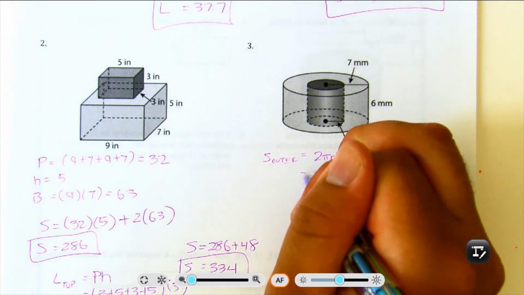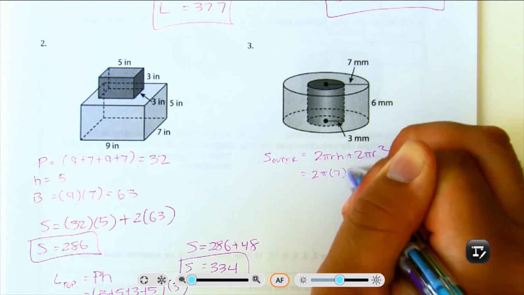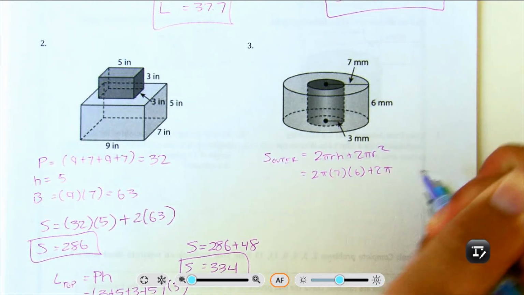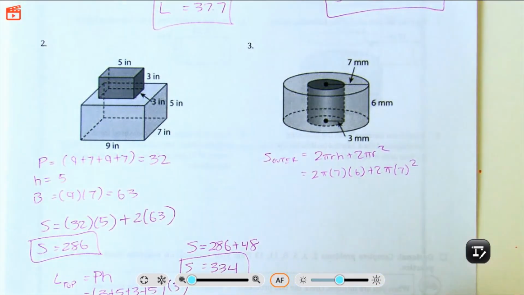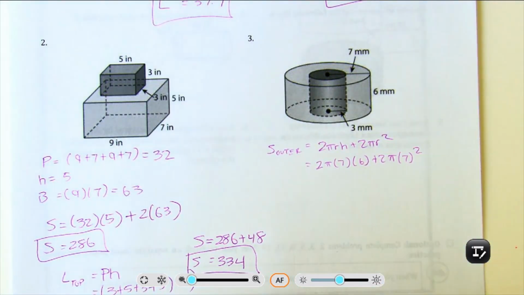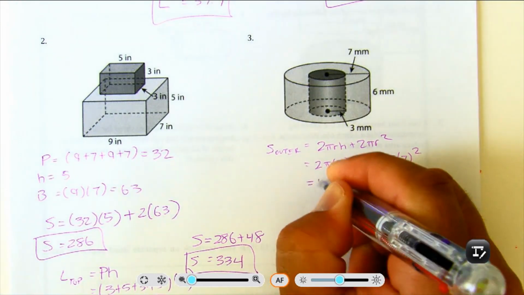So we have 2 pi times 7 times 6 plus 2 pi times 7 squared. Now I'm going to leave this in terms of pi, so all I'm going to be doing is multiplying the numbers. 2 times 7 times 6 plus 2 times 7 squared ends up being 182 pi.